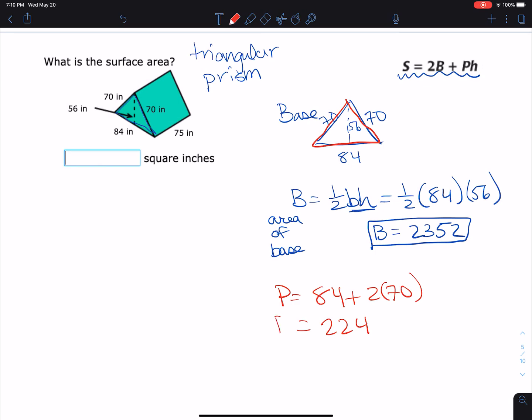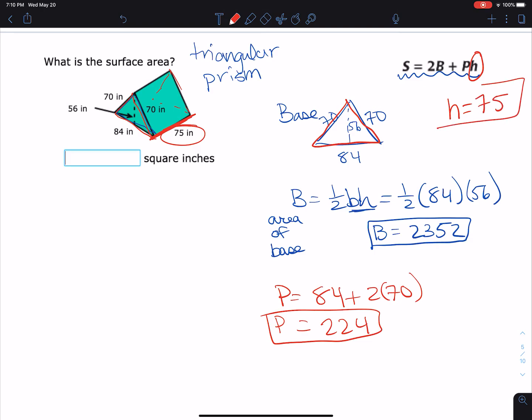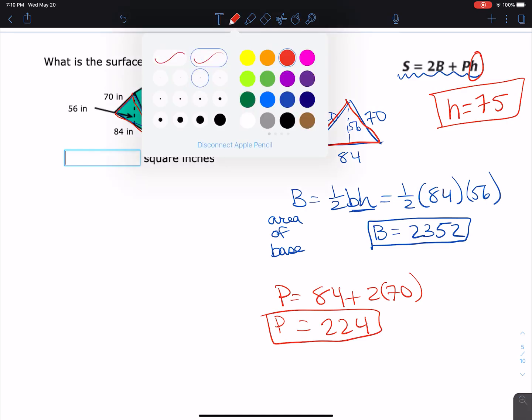And then my height, the height here, is height of the prism. So that's the length between the two bases. So that would be 75. So now I've got all three of my variables. Once you've got all three, you're ready to finish the problem.